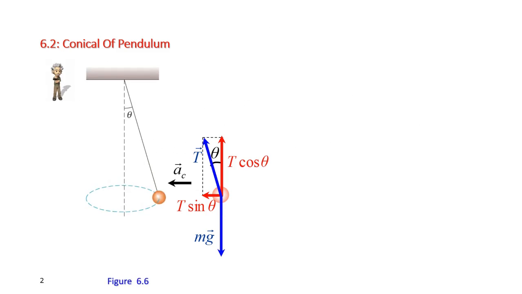The first one is the conical pendulum. Why is it known as a conical pendulum? When this pendulum bob is moving, it looks like a cone. On this side there is a free body diagram that I drew to show the situation of the pendulum bob.